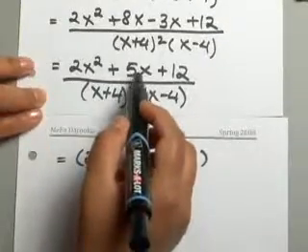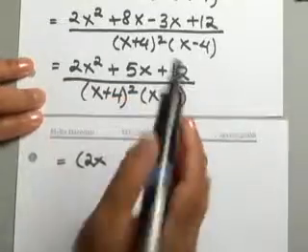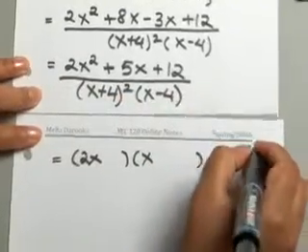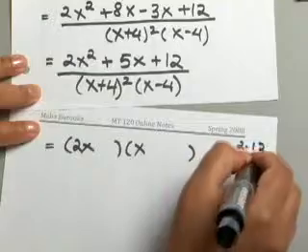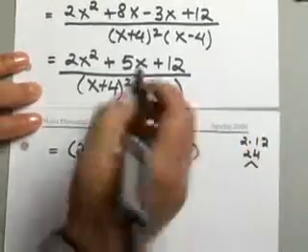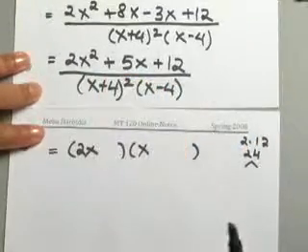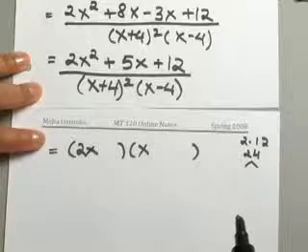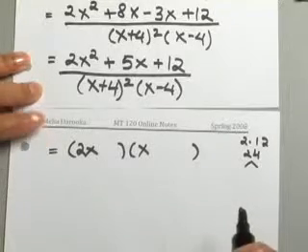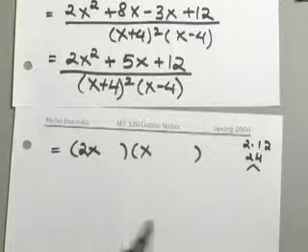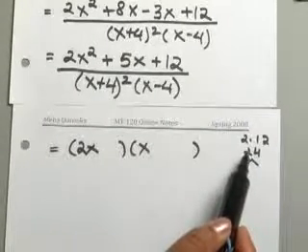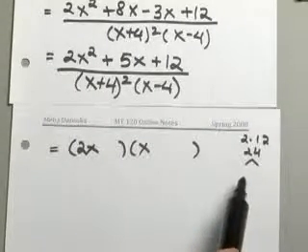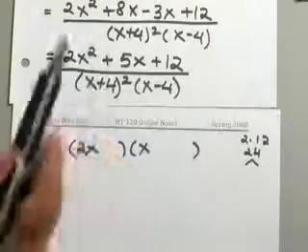Now to factor this, you will multiply 2 into 12, which will give you 24, and then you need to find factors of 24, which will give you a positive 5, and you can try and see different combinations. So two numbers that will multiply to give you positive 24 and add to give you a positive 5.